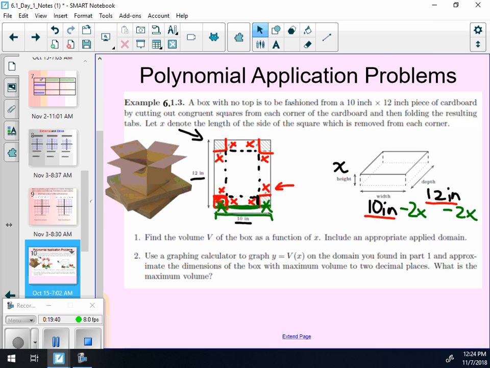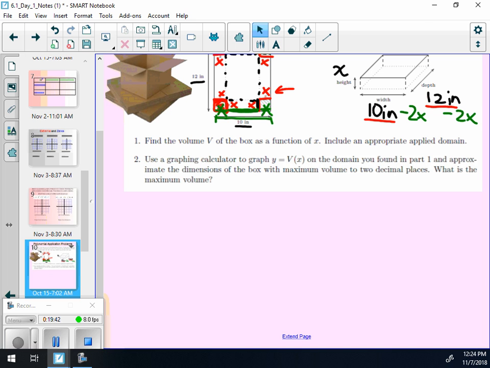So to do that, we need to find the volume first. How do you find the volume of a rectangular prism? Area of the base times height, so it's like length times width times height. Or there they have width times depth times height, whichever way you would like to use it.